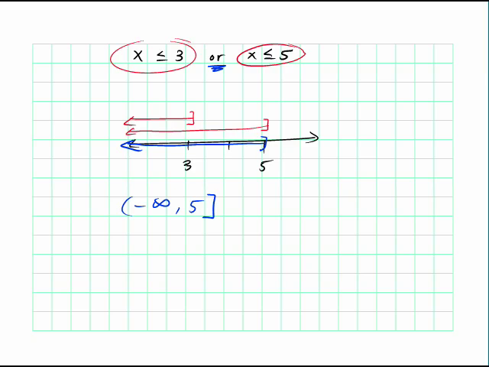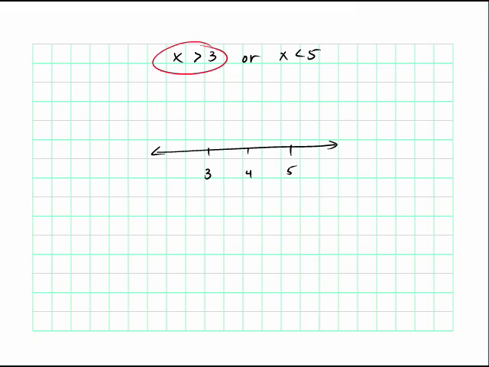Here's another one. X greater than 3 or x less than 5. Scratch work first. Greater than 3 are these numbers. Less than 5 are these numbers.